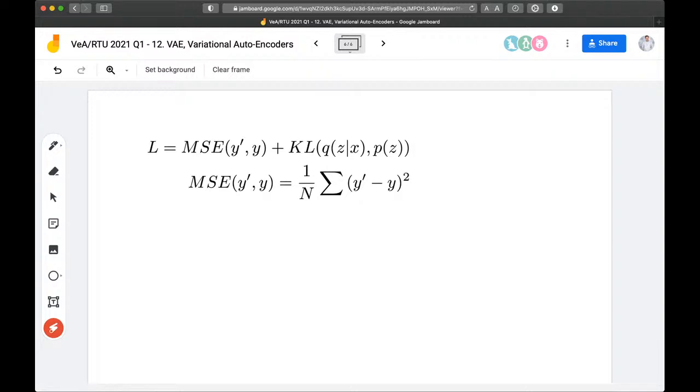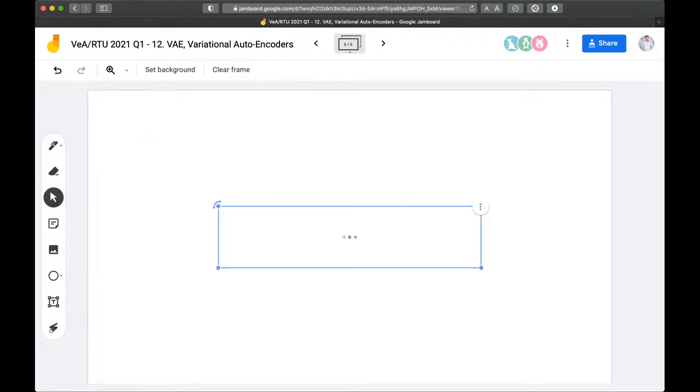So the first term is the mean square error that you already know, that is our reconstruction loss.